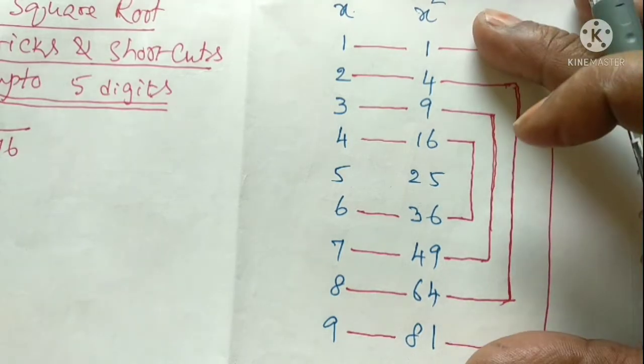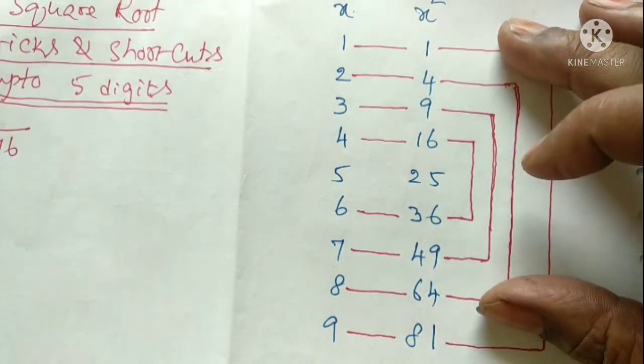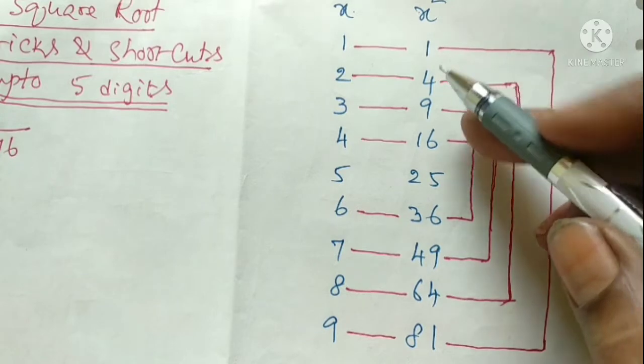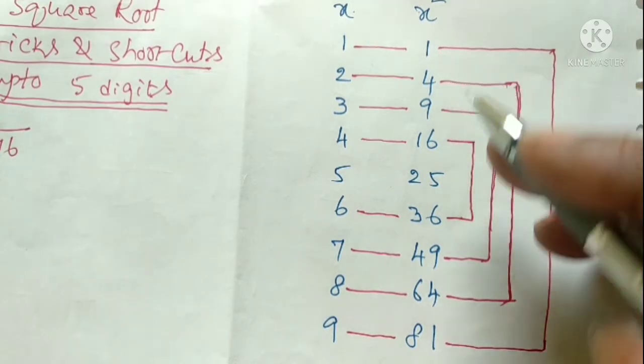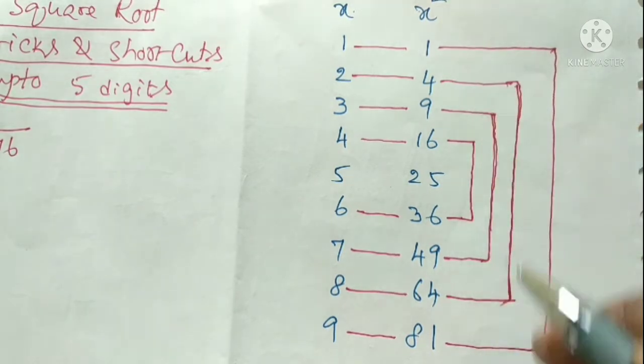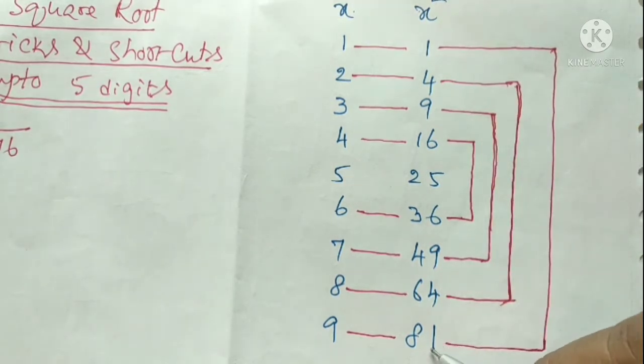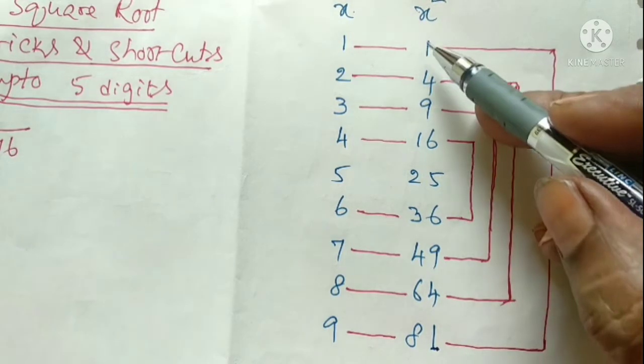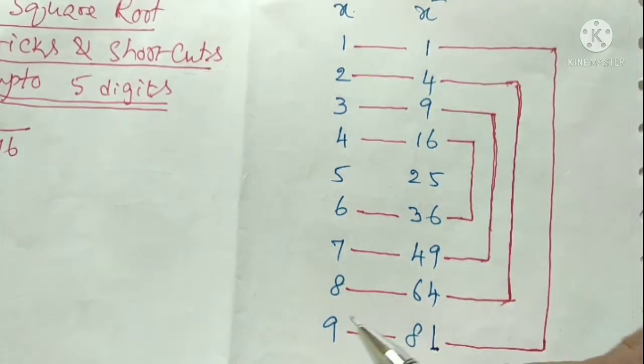If you observe this pattern, 1 square is equal to 1 and 9 square is equal to 81. When calculating square roots, we have to observe only the units digit. If the units digit is 1, then the square root may be either 9 or 1.